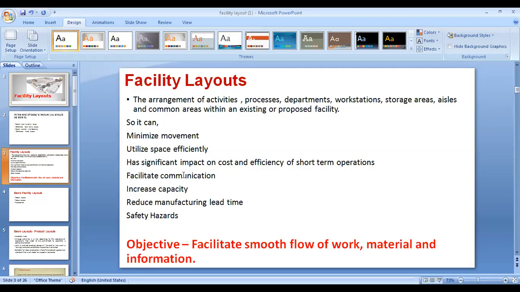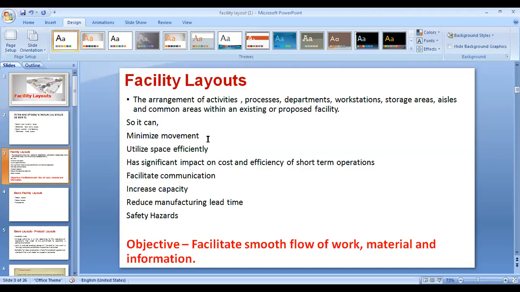And also you have to utilize the space in an efficient manner, because once again space simply means money. So if you are going to have a warehouse, that particular space in the warehouse is cost.